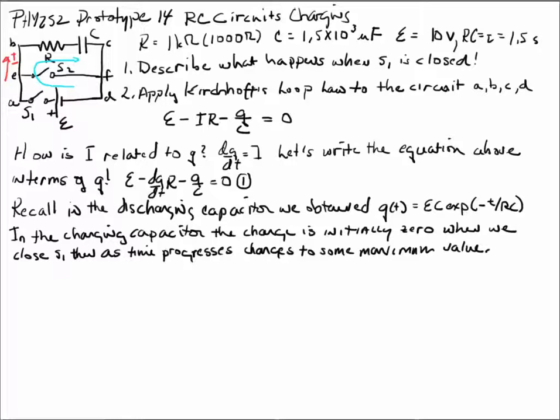Then as time progresses and charge begins to accumulate on the capacitor, it becomes charged to some maximum value. So let's try as a solution to equation 1 up here, Q of t equal to some A plus B exp to the minus t over RC.